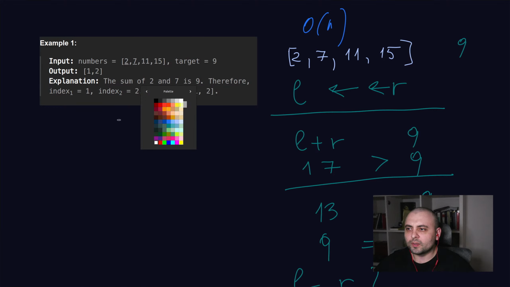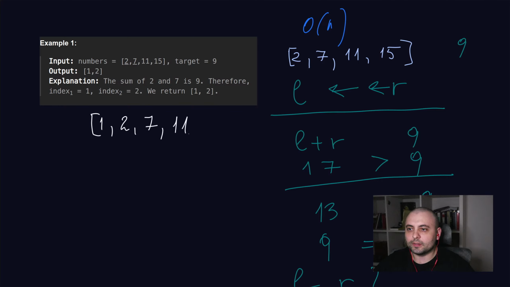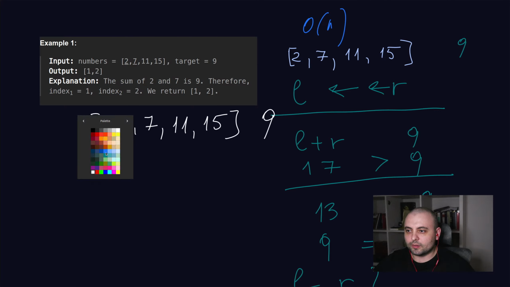So let it be 1, 2, 7, 11, and 15, and similarly target being 9. So I'll have the left pointer here and the right pointer here. So first we'll have 16, we move the right pointer, it will be here.